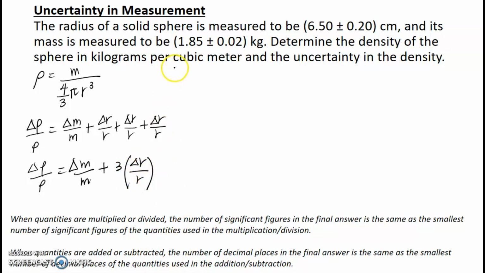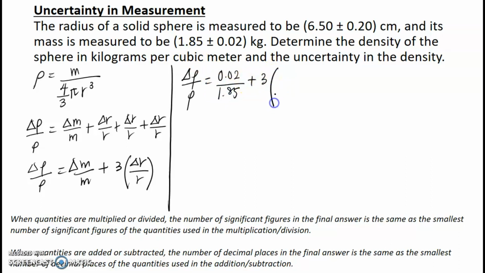Now we are ready to substitute the value. For the fractional error of the mass, it is going to be 0.02 over the mass, which is 1.85, plus 3 multiplied with the fractional error due to the radius, which is 0.20 over 6.5.